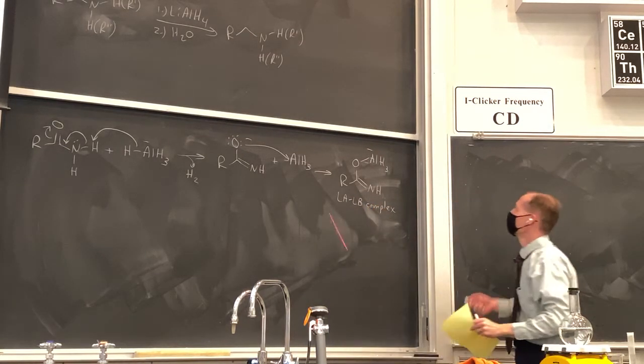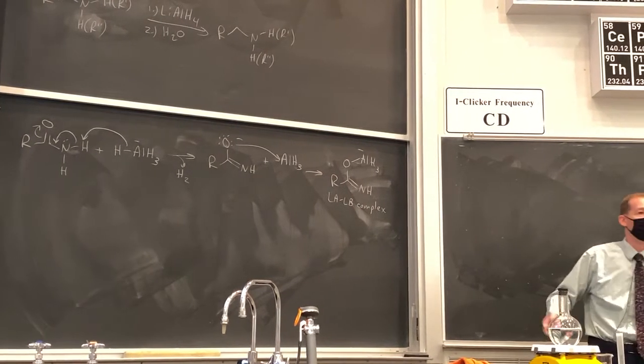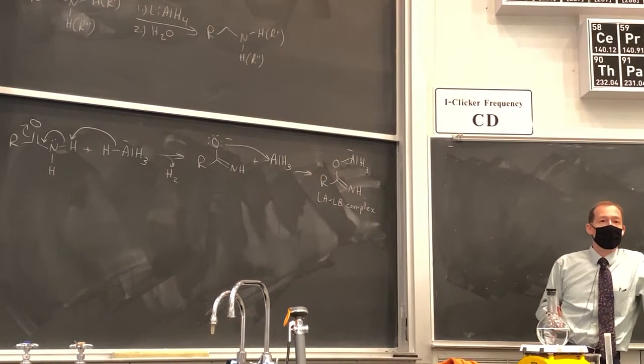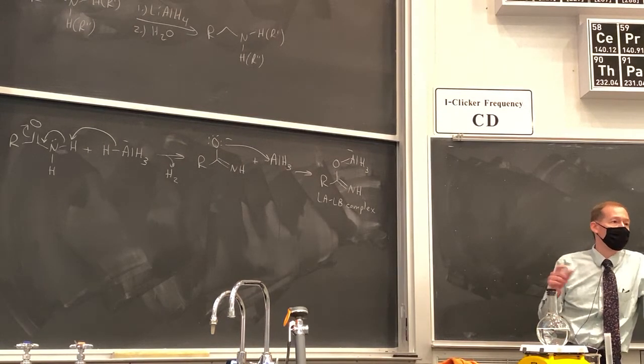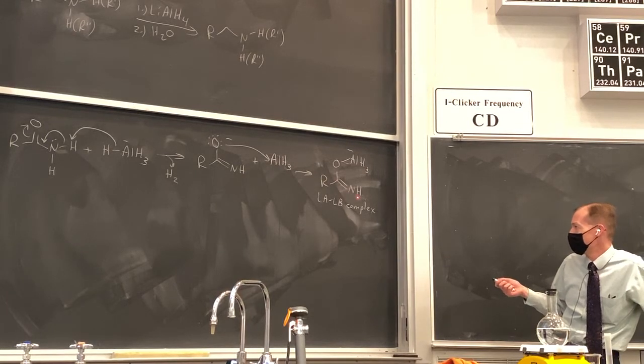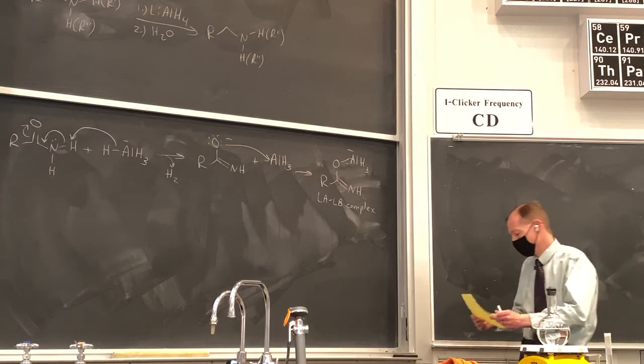All right, we have a carbon-nitrogen double bond. That's known as an imine. It's comparable to a carbonyl. Nitrogen is less electronegative than oxygen, but this bond is still polarized towards the nitrogen. We have a partial positive charge on that carbon.